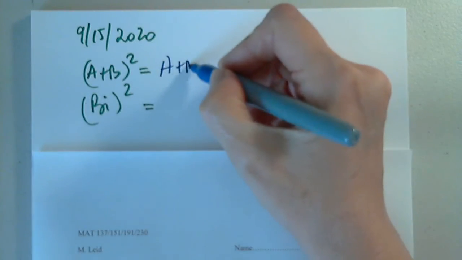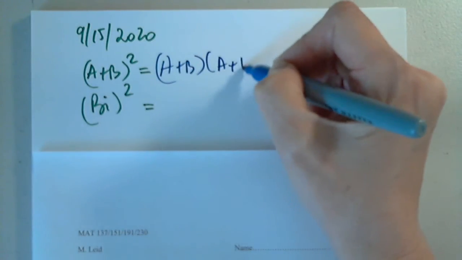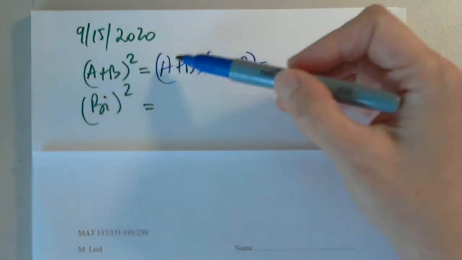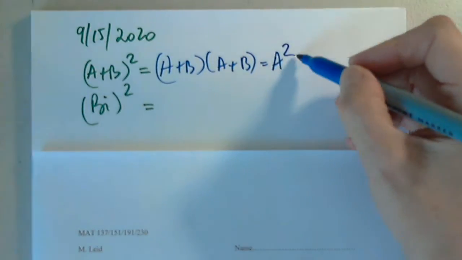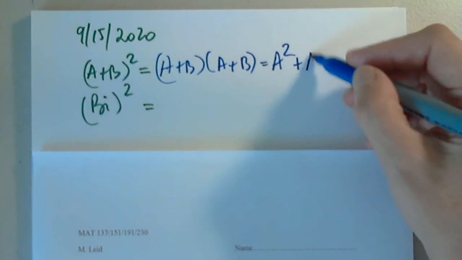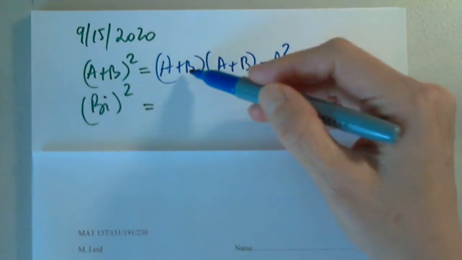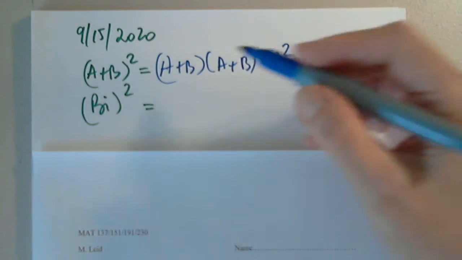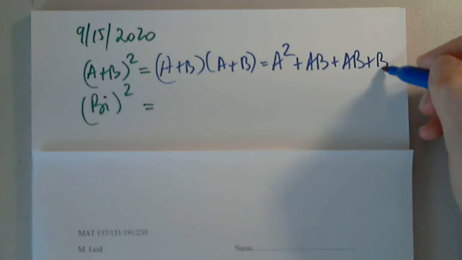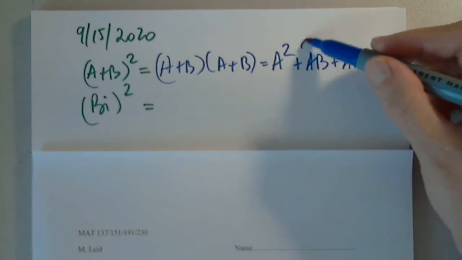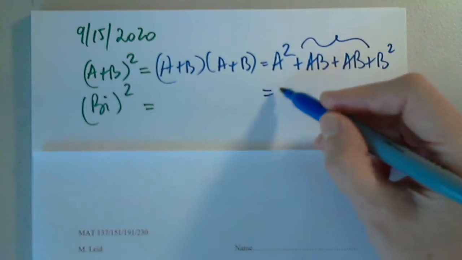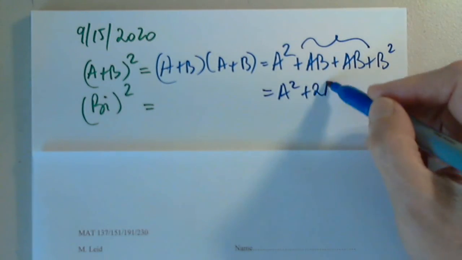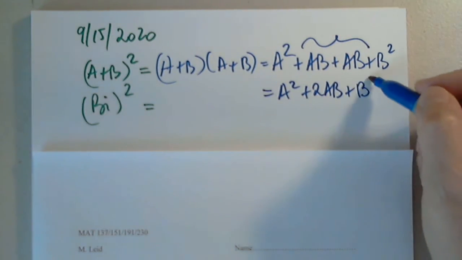Well, let's FOIL it then for the first time, and the last, I hope. A times A is A squared, A times B is AB, plus B times A, which is another AB, plus B times B, which is B squared. These will be combined like terms, so then the answer is A squared plus 2AB plus B squared.